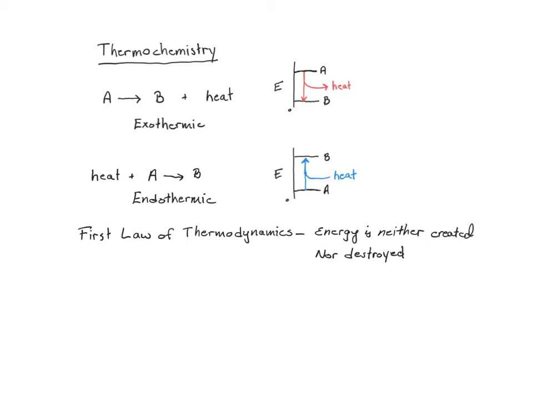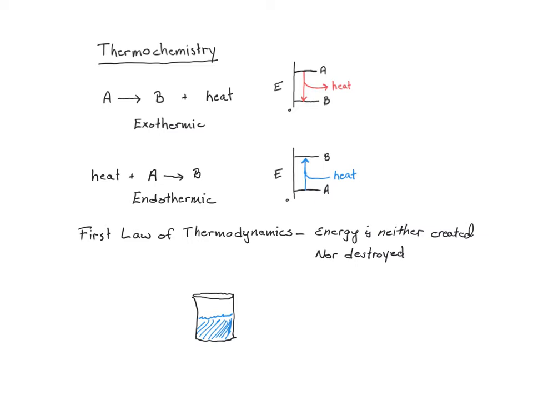Now, I keep using these terms in and out to describe the movement of heat. It'd be much more scientific if we had some vocabulary that we could use. Okay, so when we're talking about a chemical reaction that takes place inside of a flask, so perhaps a beaker, that beaker is going to be probably filled with some kind of a solution with reactants in it that get converted to products.